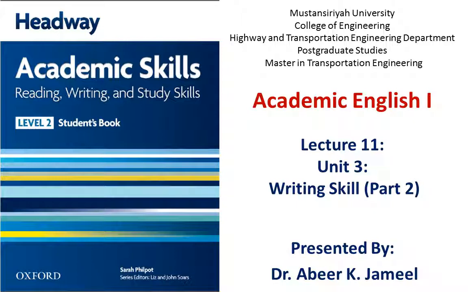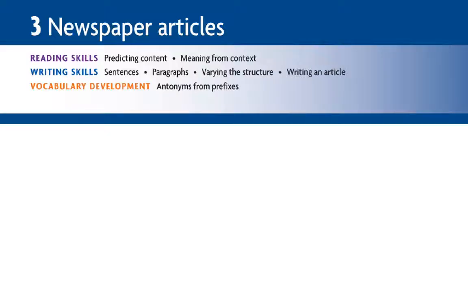This is lecture number 11, in which we will cover the remaining of the writing skill section in Unit 3. We already covered in the last lecture, lecture number 10, how to write a sentence and how to link sentences together.